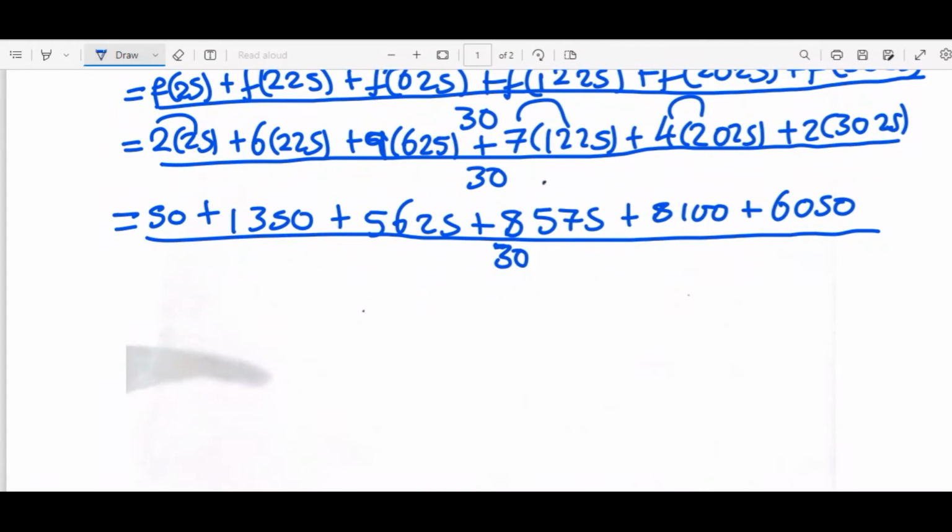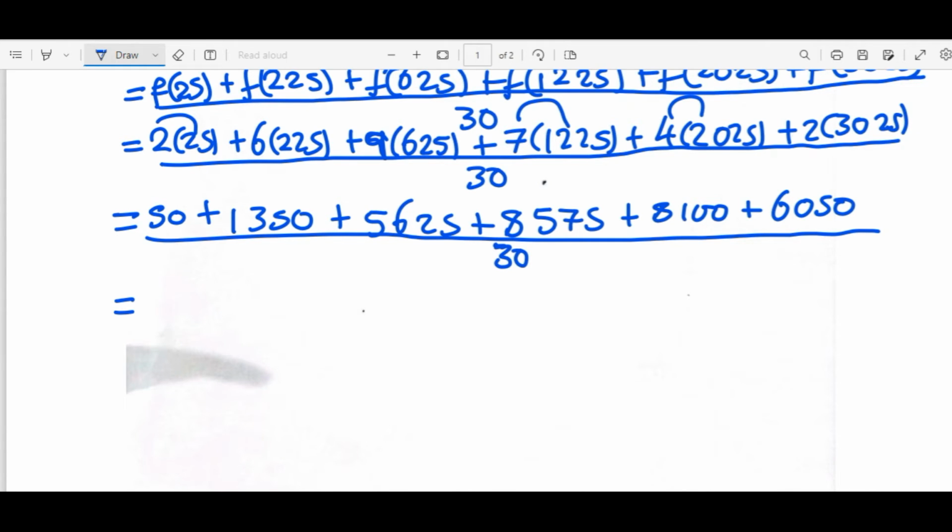So all we need to do here is find a total of these numbers. So 50 plus 1350 plus 5625 plus 8575 plus 8100 plus 6050.